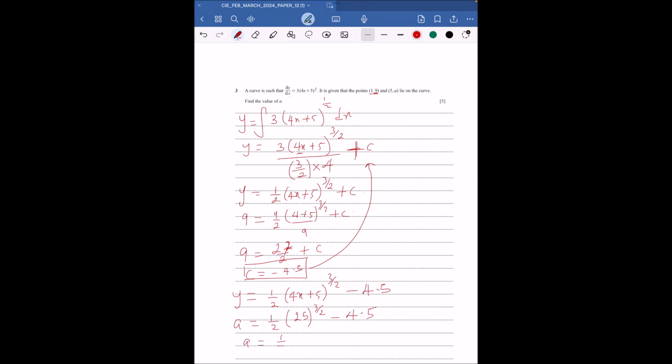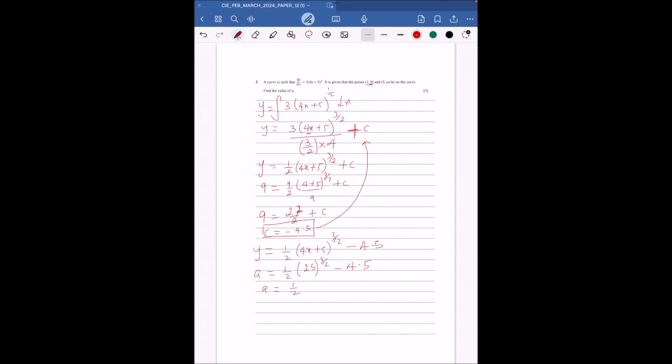So a will be half. You can use your calculator from here. The square root of 25 is 5. 5 cubed is 125, minus 4.5, sorry. So this will be 125 divided by 2 minus 4.5. So my a is 58.